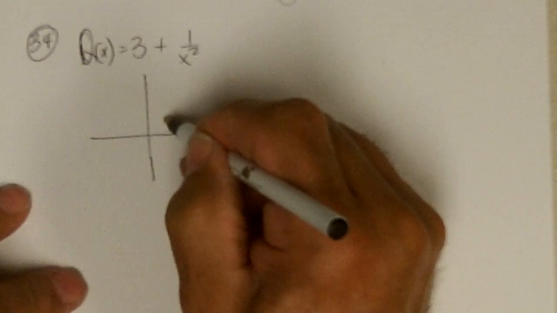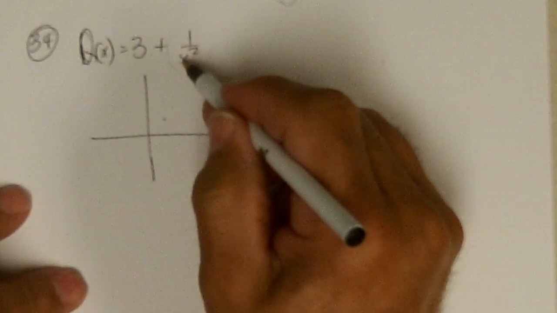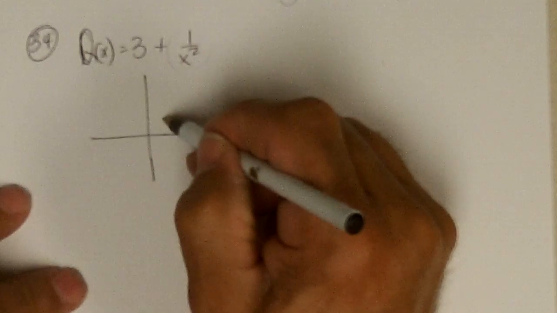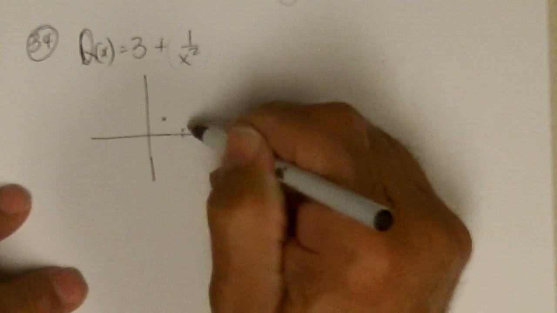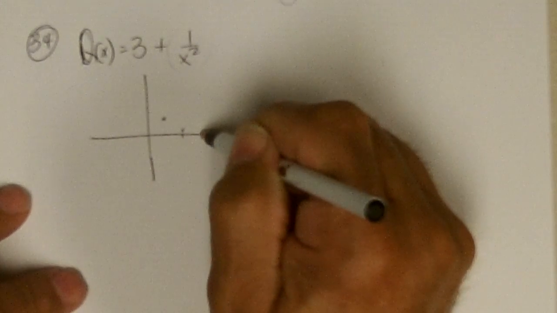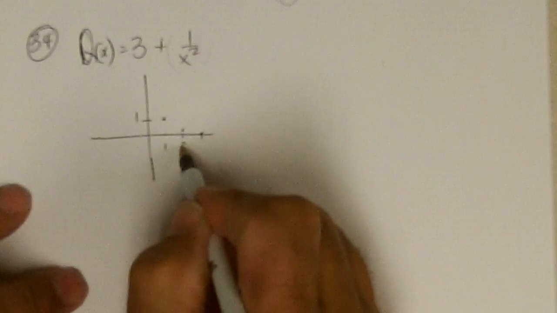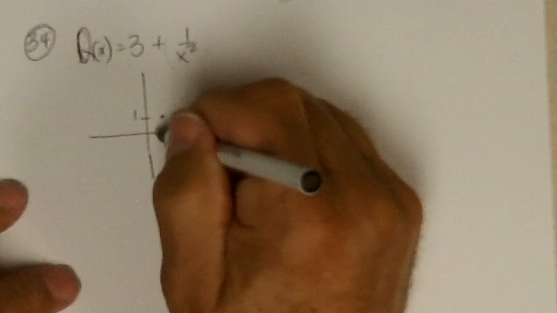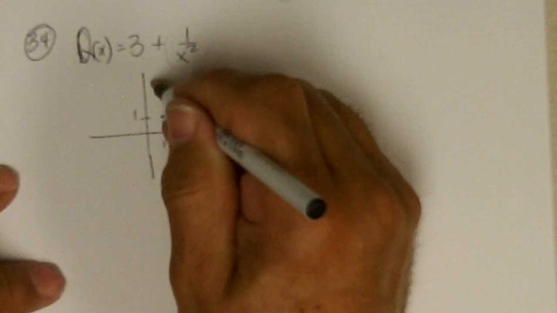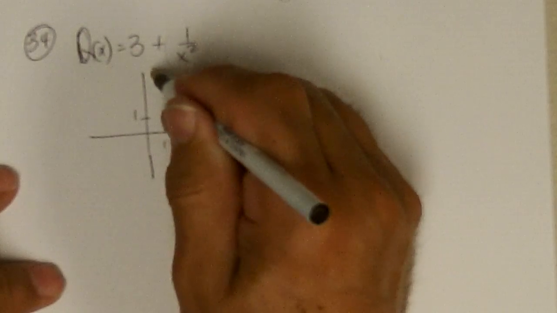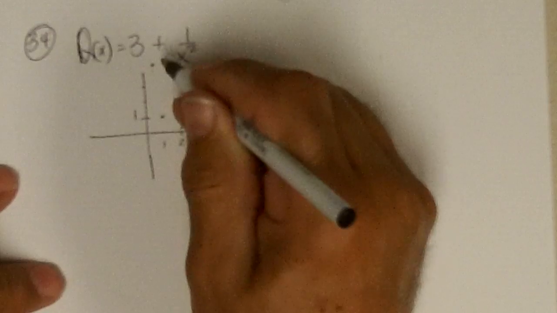I'm just looking at this part. 1 over 1 squared is 1. 1 over 2 squared is 1/4. 1 over 3 squared is 1/9. And 1 over a half squared is 4. 2, 3, 4 up here.